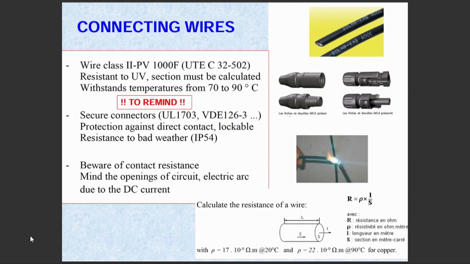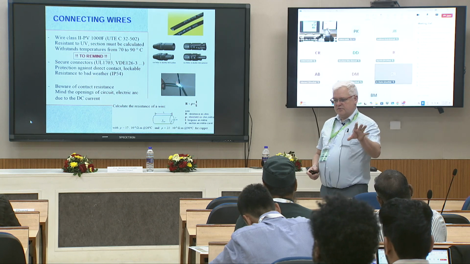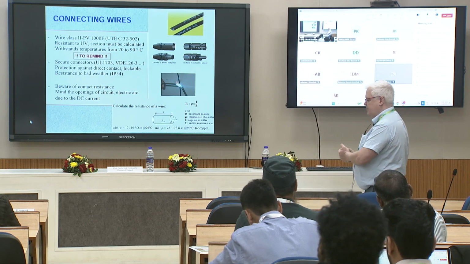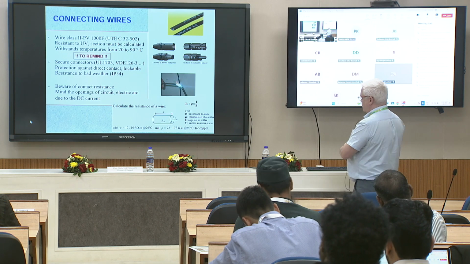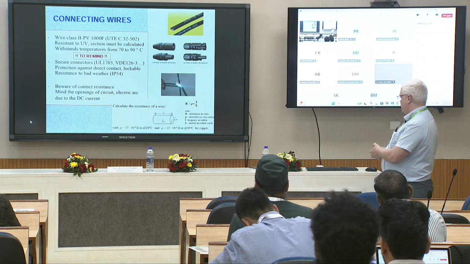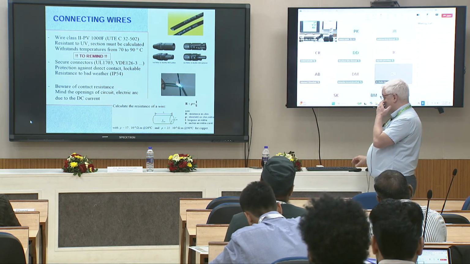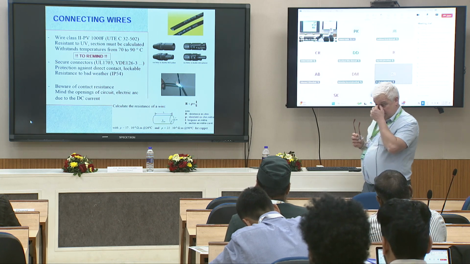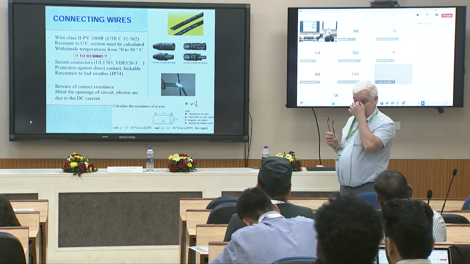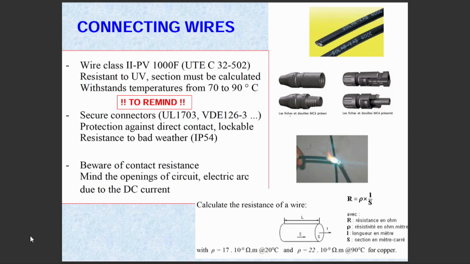Okay, so you are starting from the PV, the inverter, and to connect the PV panels and all this stuff, you have to use cables. You are obliged to use standard cable because there is big risk about this cable.